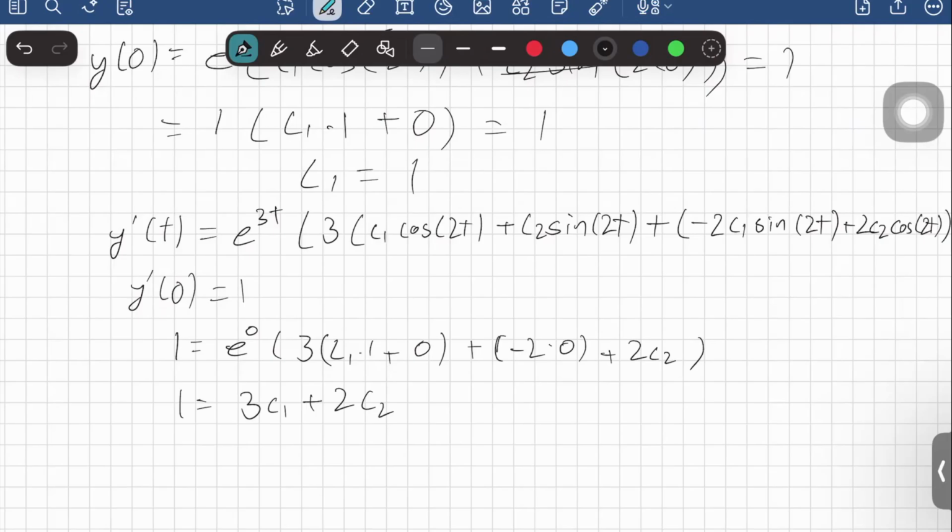So it's one unknown, one equation, and we can plug in the values and find c2. So 2c2 is 1 minus 3 multiplied by 1, so 2c2 is negative 2, c2 is negative 1.